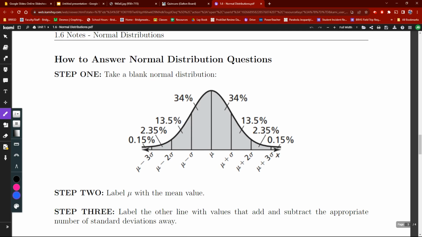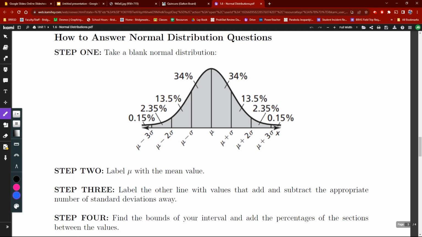So let's talk about exactly how we are going to solve these problems. Here again, I have a diagram showing the percentage between any of these major lines.